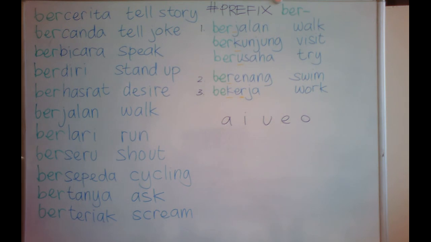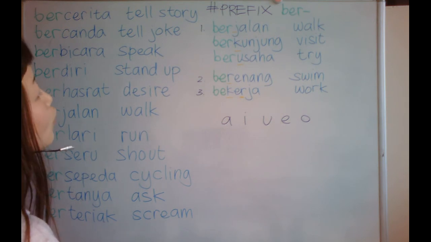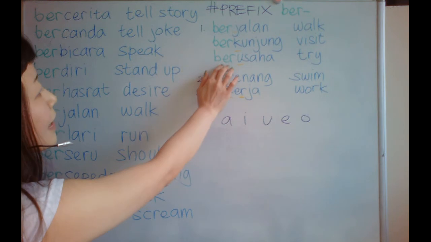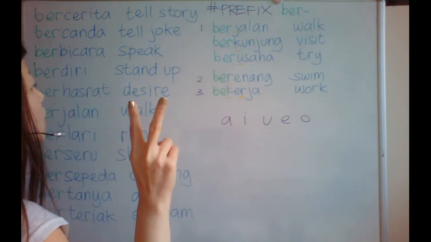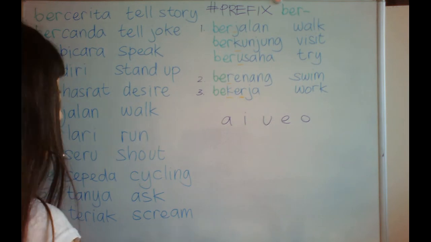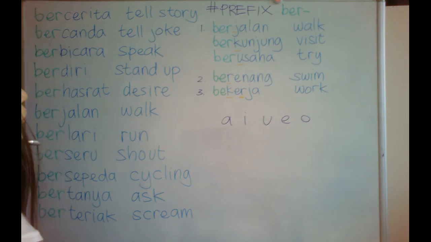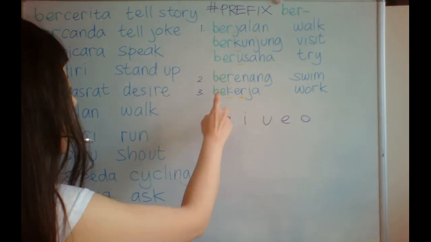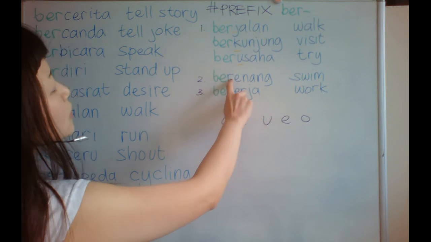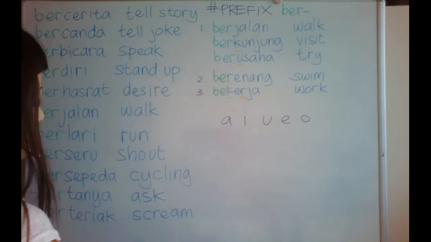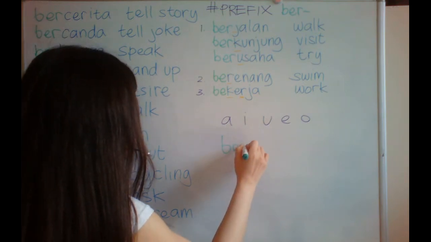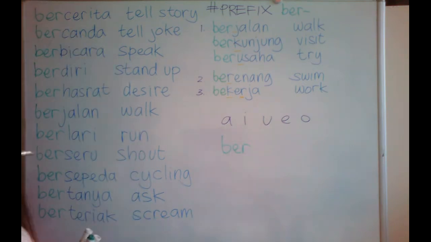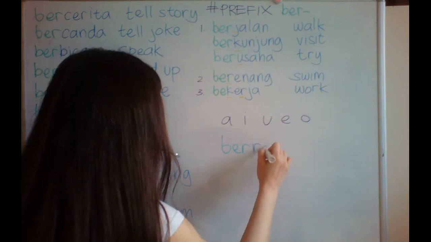But sometimes it cannot work as ber. It has to be be in these two cases, which is if it started with R, it cannot be ber, and then renang.